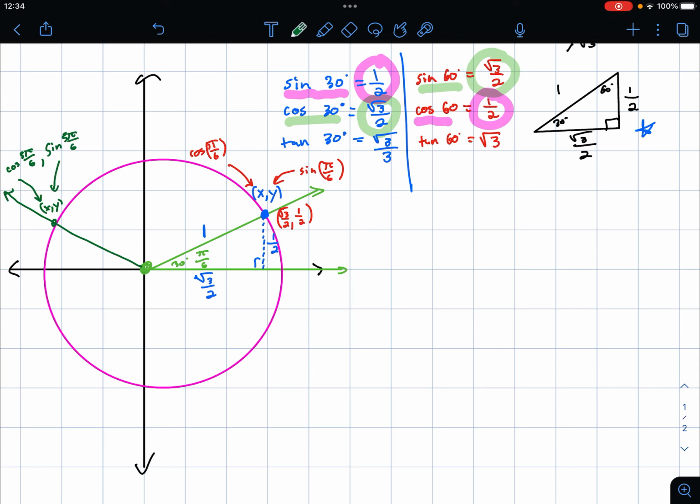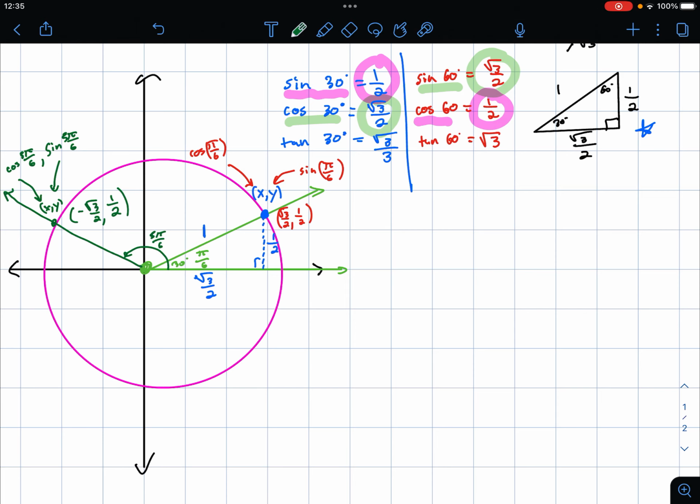Okay, and we know that that's going to be the same as the reference angle, just changing the sign for the quadrant. So x is going to be negative in this quadrant, so my coordinate is actually going to be negative square root 3 over 2, and my y-coordinate stays positive in quadrant 2, so comma 1/2. And so that tells me that those ratios are equal to negative root 3 over 2, comma 1/2. And that's for this angle of 5 pi over 6 radians.